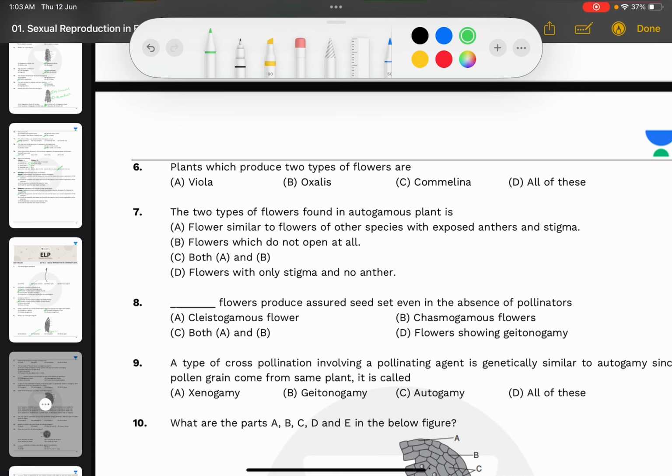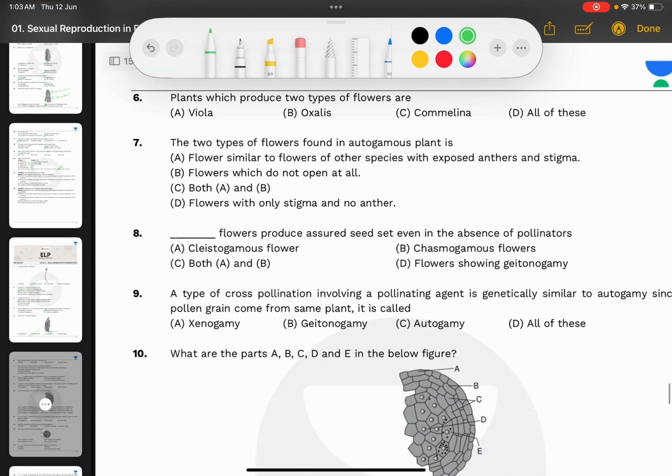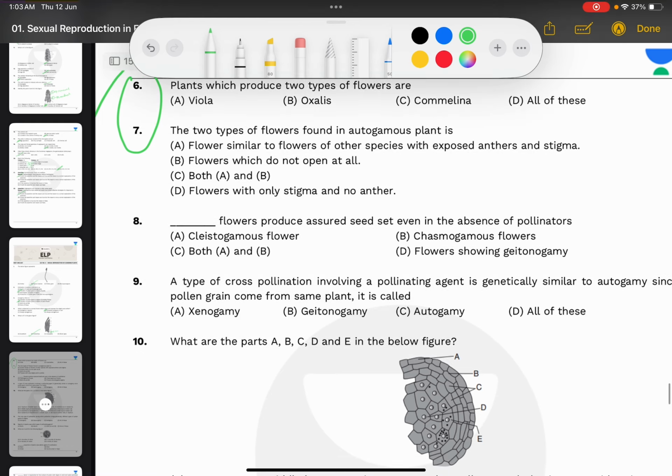The two type of flower found in autogamous plant is... Dash flower produces assured seed set even in the absence of the pollinator is the cleistogamous, and I think it's both A and B. Both A and B.